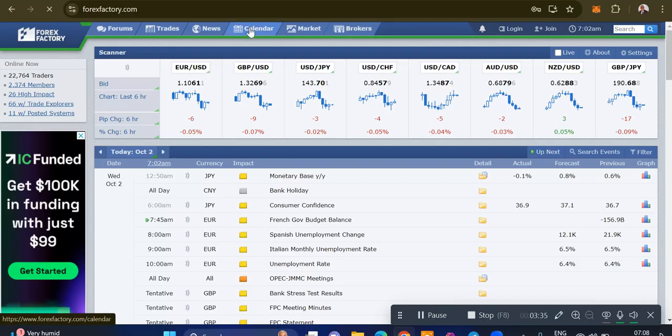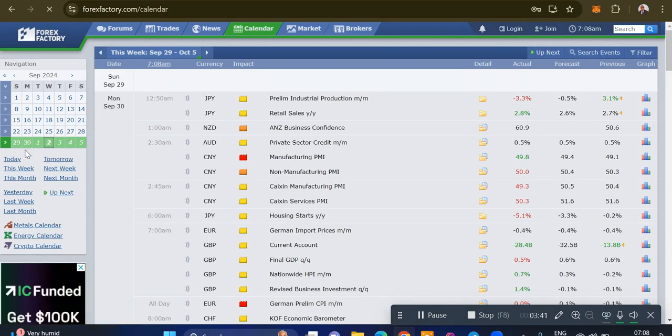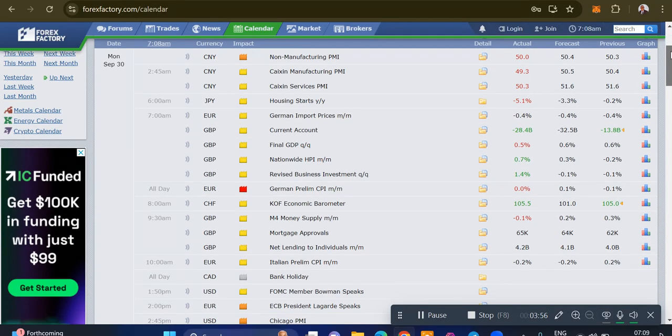Let's look at a proper calendar for a week and take some deductions from there. You can see this entire week, Monday, the Chinese yen had manufacturing PMI, and the result was positive for the Chinese yen, and this continues like this.